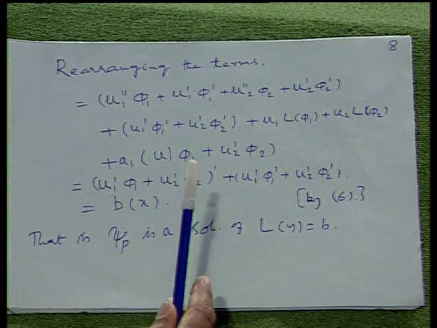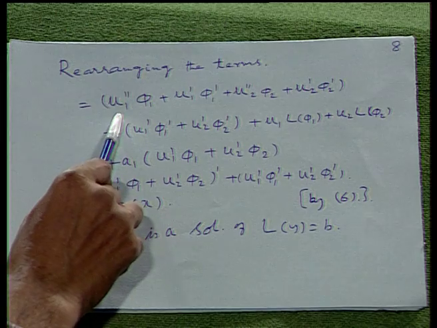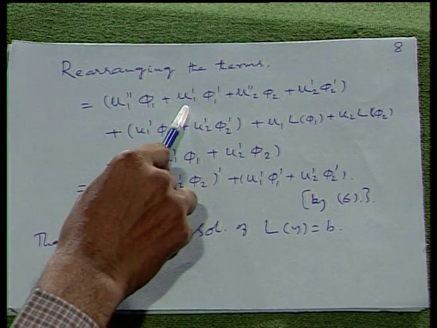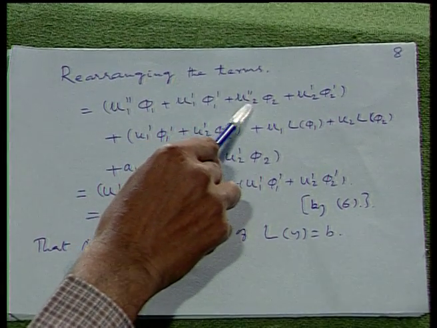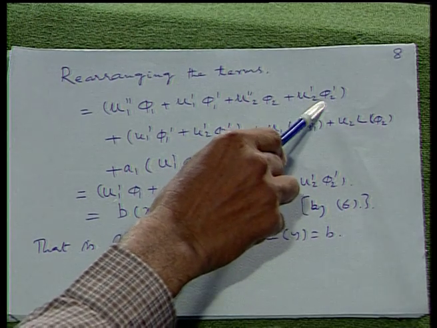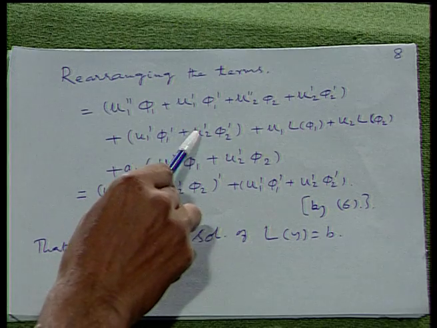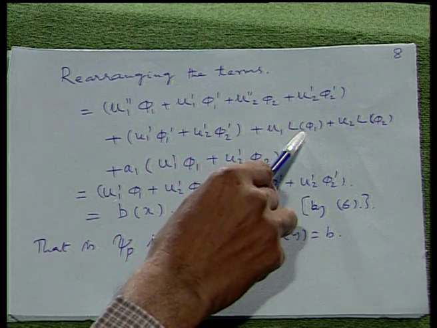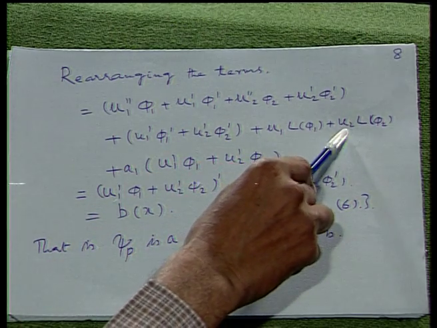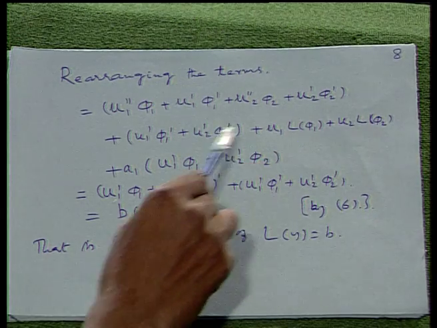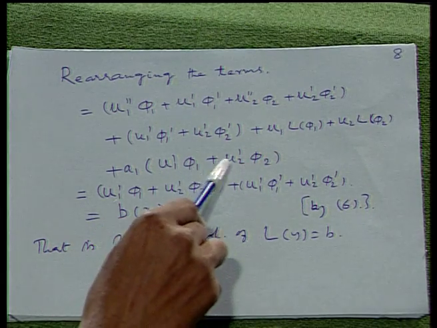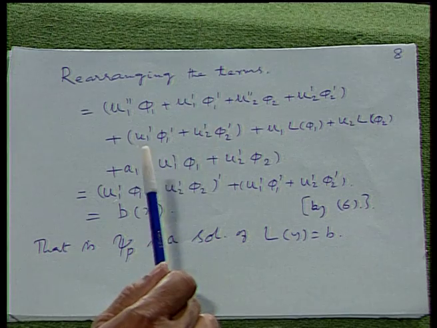and after rearranging you will get u 1 double dash phi 1 plus u 1 dash phi 1 dash plus u 2 double dash phi 2 plus u 2 dash phi 2 dash plus u 1 dash phi 1 dash plus u 2 dash phi 2 dash plus u 1 into L of phi 1 plus u 2 into L of phi 2 plus a 1 into u 1 dash phi 1 plus u 2 dash phi 2.